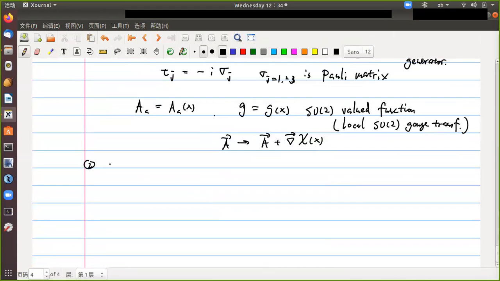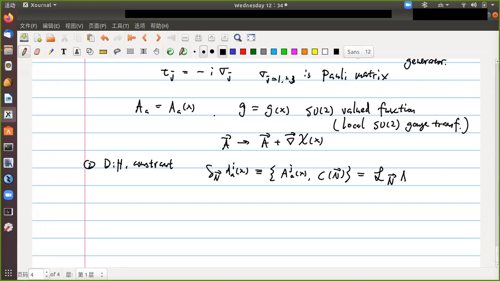The diffeomorphism constraint generates diffeomorphisms on the spatial slice, and the infinitesimal version of that gauge transformation is just a Lie derivative.